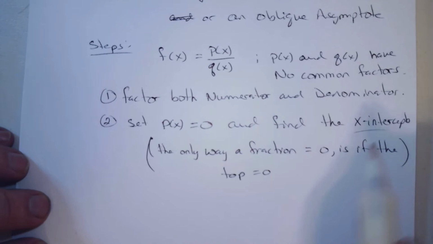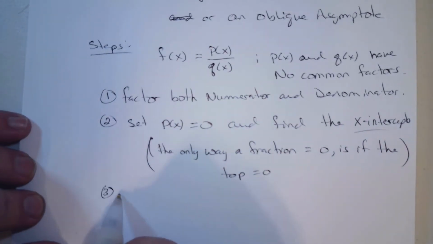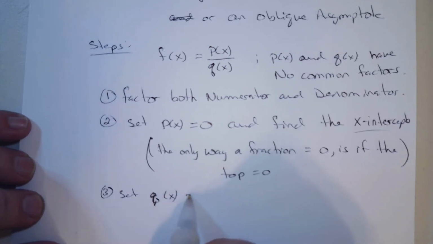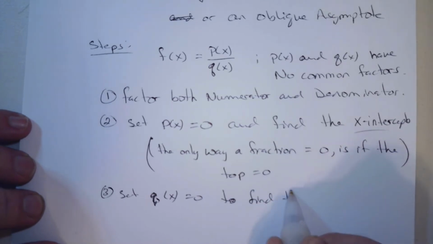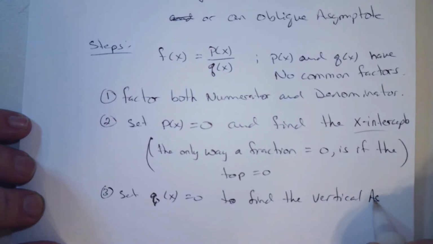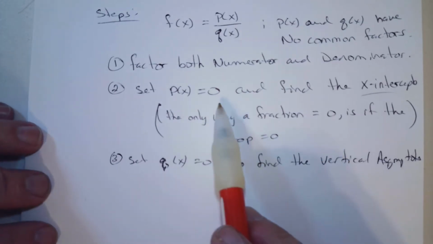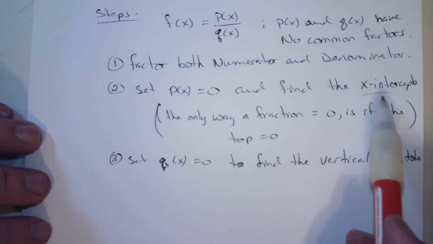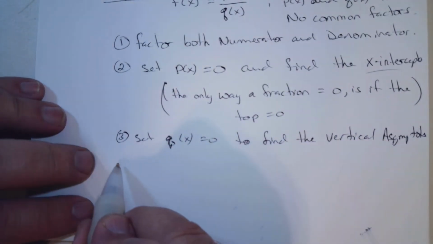So those are our solutions. Then set the bottom, q of x, equal to 0 to find the vertical asymptotes.